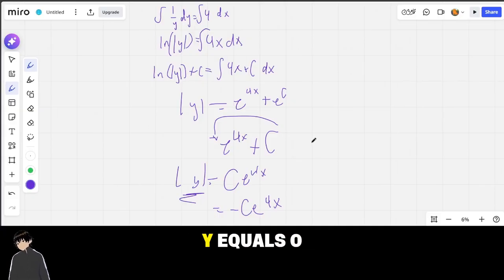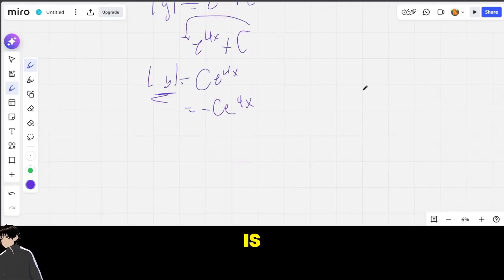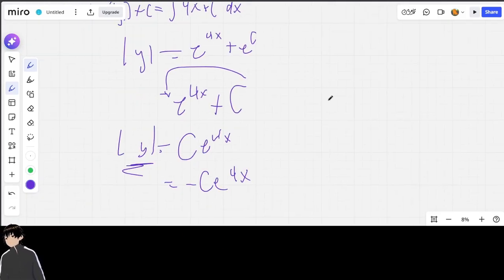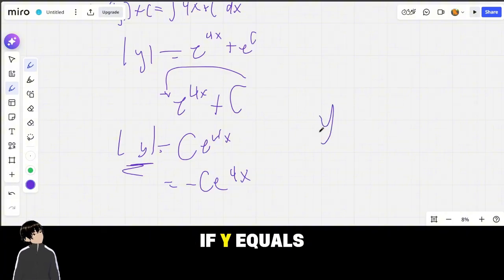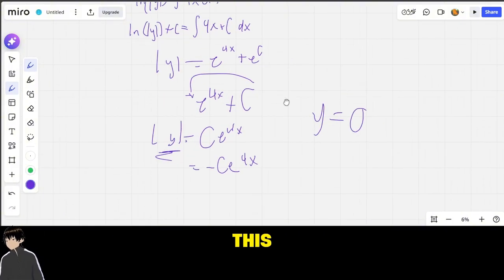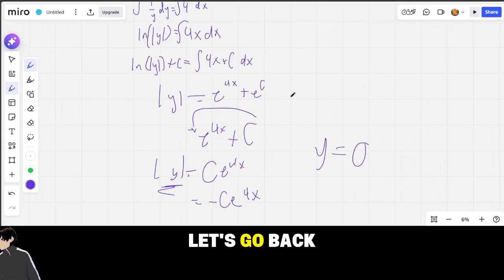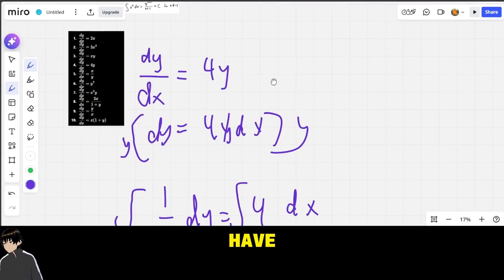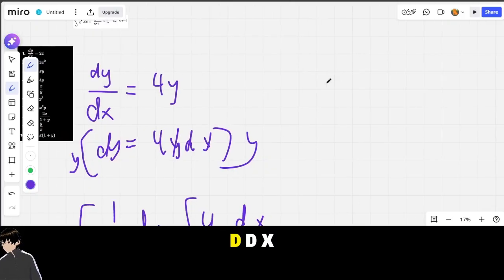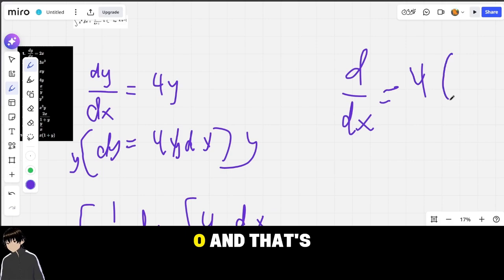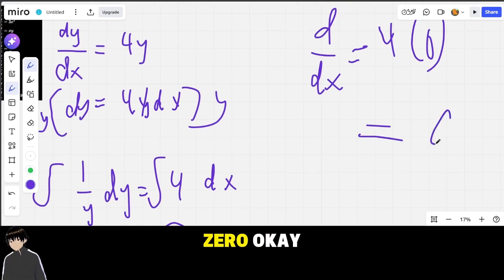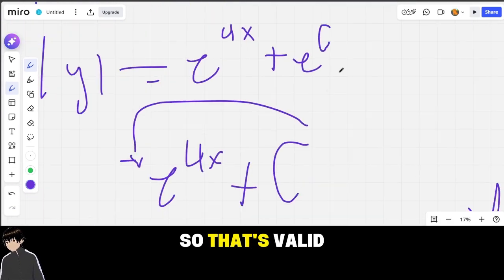Now let's see if y equals 0 is a valid solution. Going back to the original equation, dy over dx equals 4 times 0, and that's 0. So that's a valid solution.